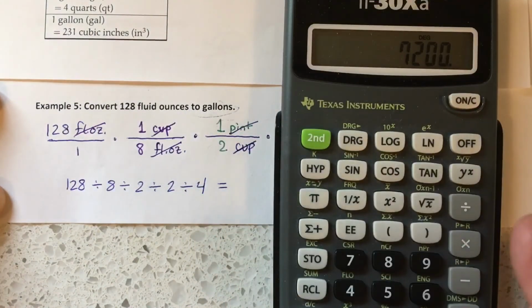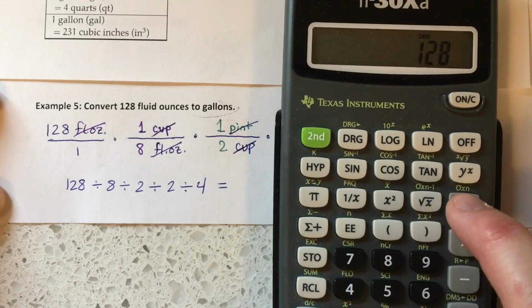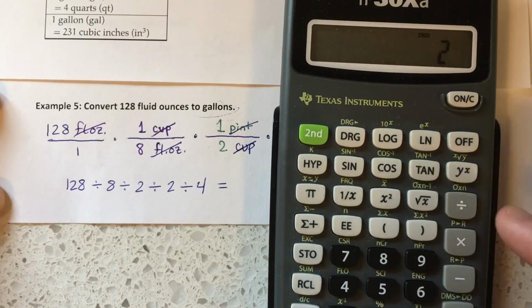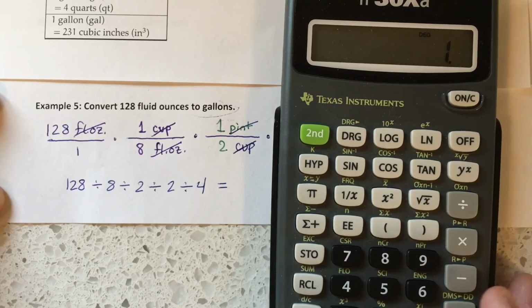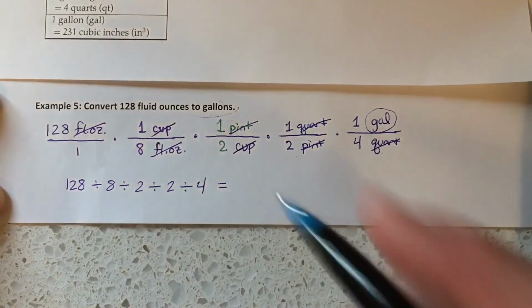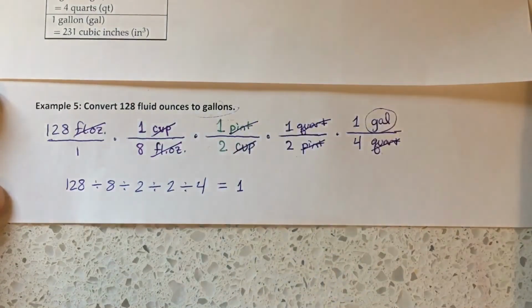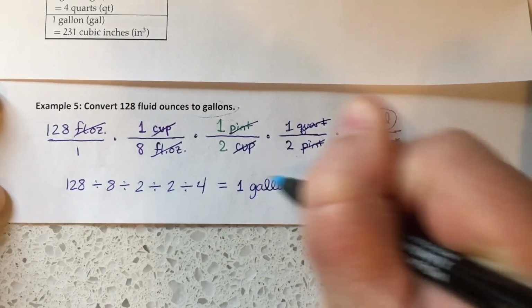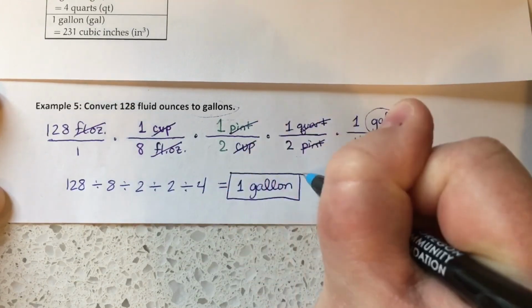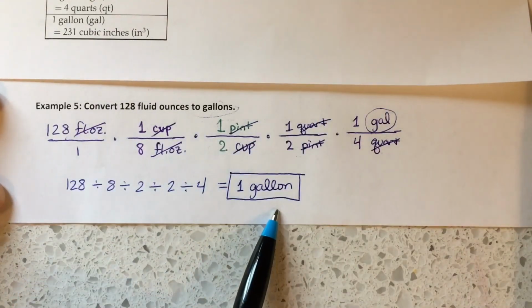So let's do it. 128 divided by 8, divided by 2, divided by 2, divided by 4 equals. Wait a minute, is that some kind of mistake? I just got 1. Nope, 1 is the answer. It turns out that 128 fluid ounces is exactly 1 gallon.